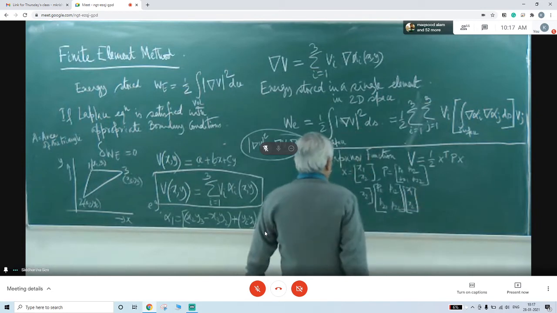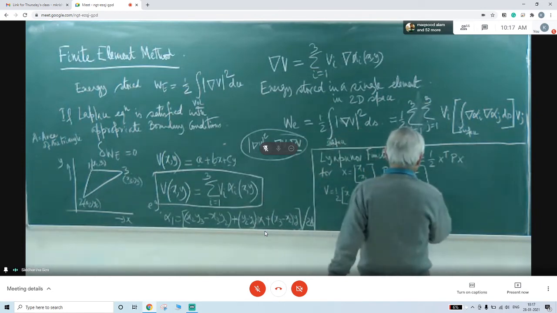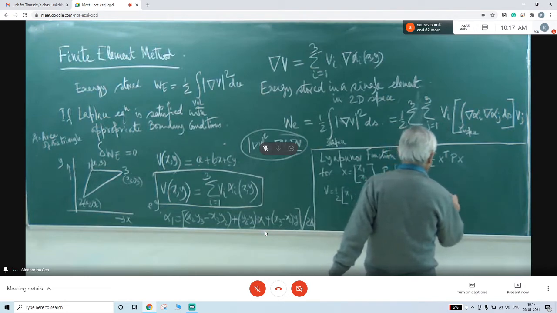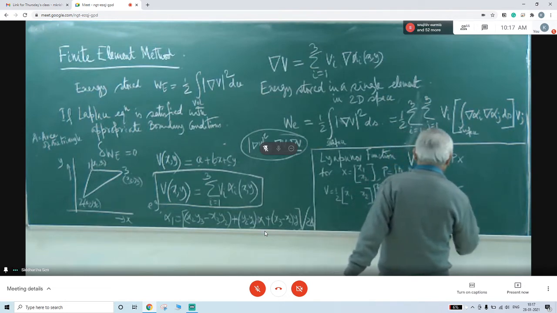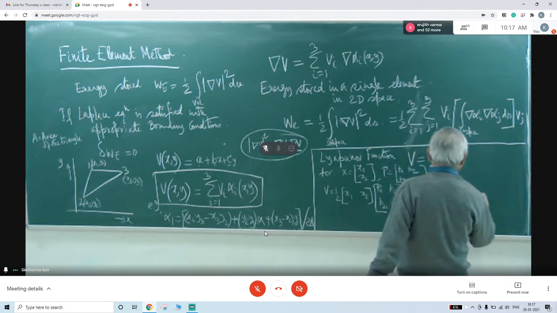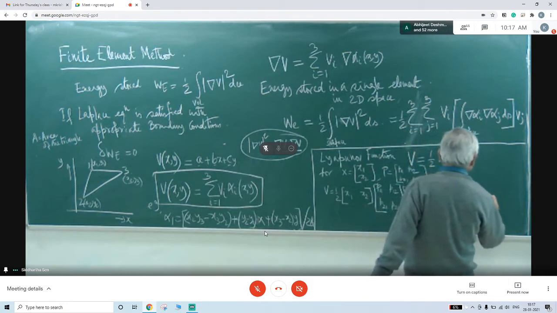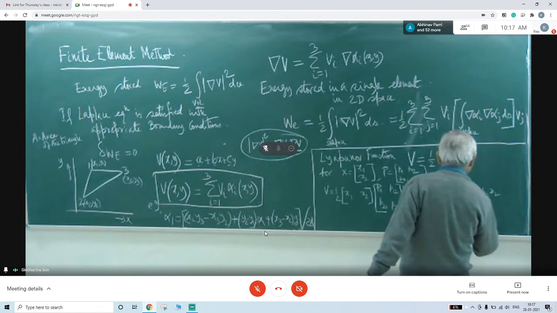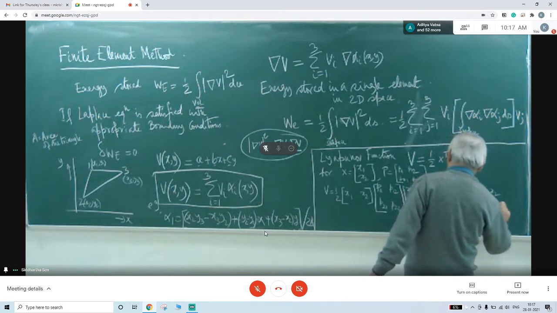So I can write it down as half of x1, x2 times p11 x1 plus p12 x2, and p21 x1 plus p22 x2.